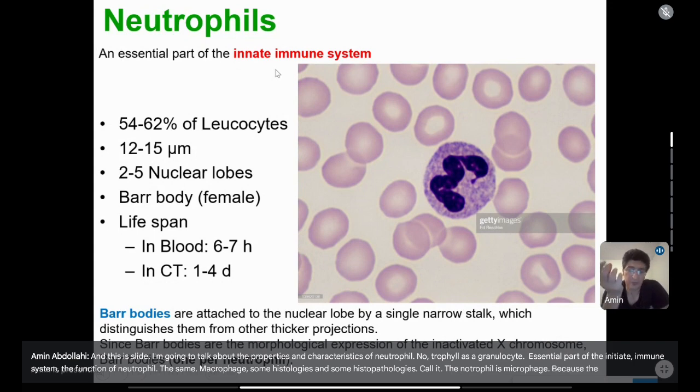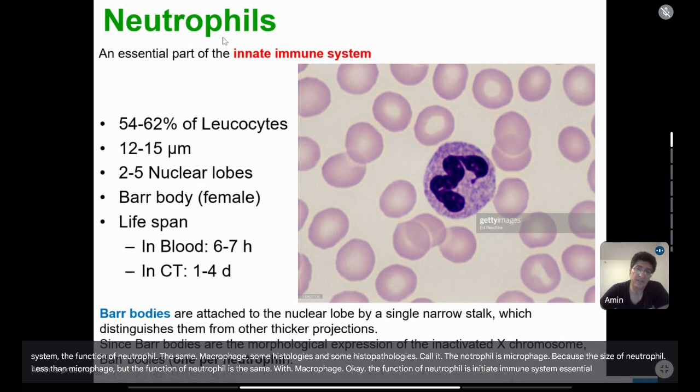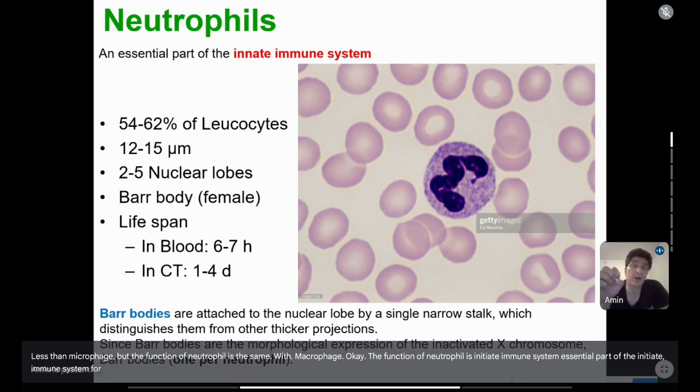The function of neutrophil is the same as macrophage. Some histologists and histopathologists call neutrophil a microphage, because the size of neutrophil is less than macrophage, but the function is the same as macrophage. Okay? The function of neutrophil is phagocytosis of bacteria and viruses in the human body.